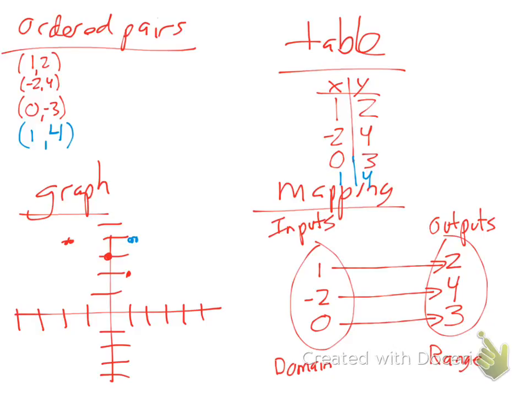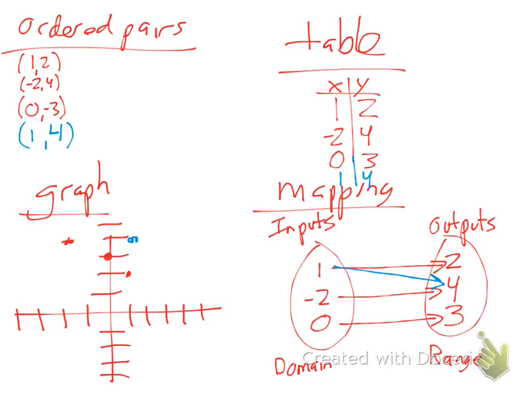That means 1 on my inputs here doesn't change. My inputs will never change because 1 is already here, so I don't need to write it twice. But 1 not only goes to a 2, it also goes to a 4. And so I draw another straight line from 1 going straight across to 4.